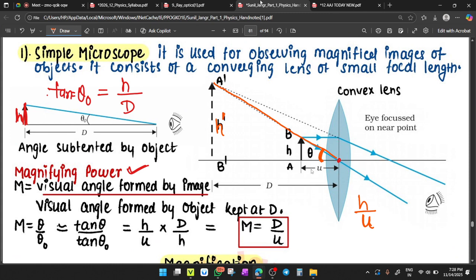Why? Because the same angle theta will be made by the object as well as the image. Clear?